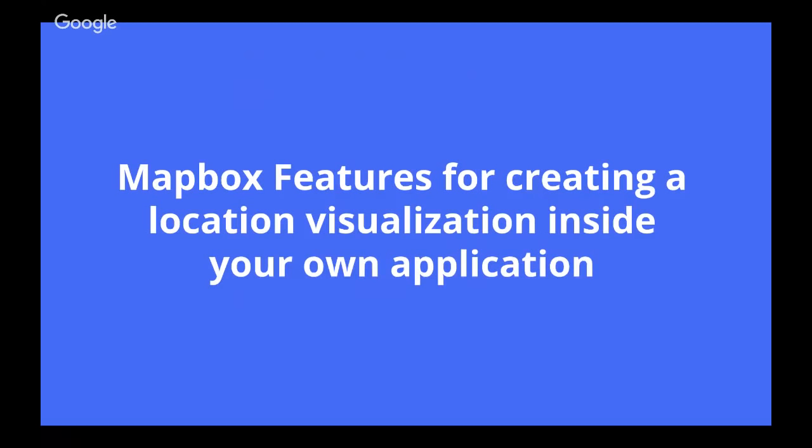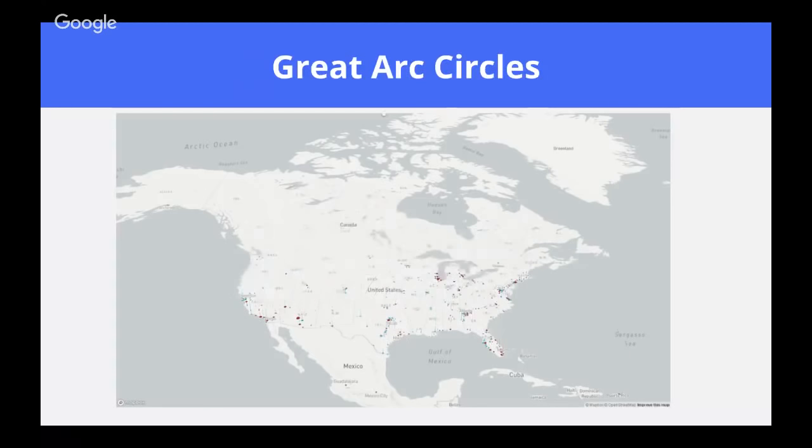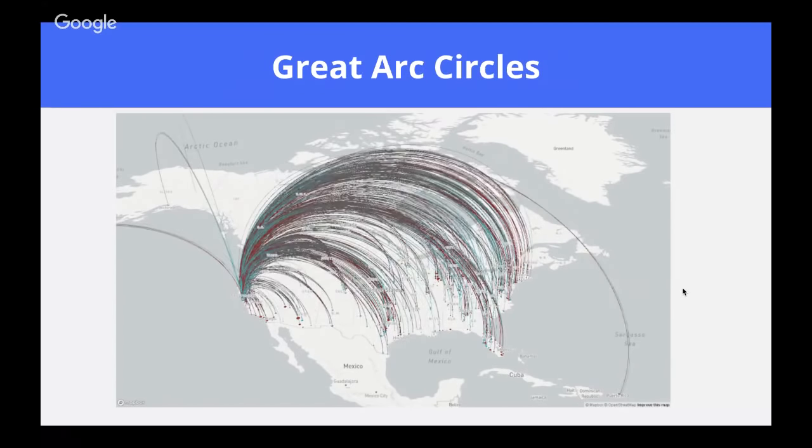So I'm going to show you some examples of these visualizations. You can also get some links to the source code as well. But we're using a framework called Deck.GL, which Uber created on top of our Mapbox GL.js framework. And so one thing that you can do with Deck.GL is create great arc circles.